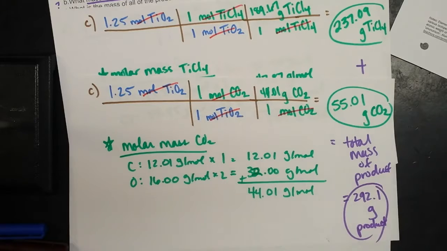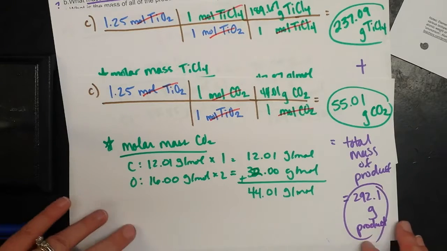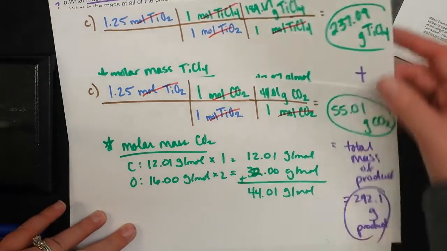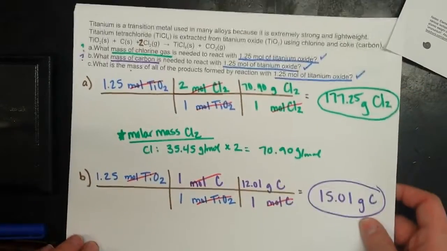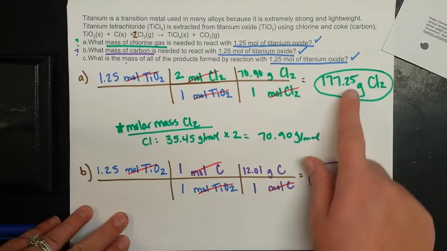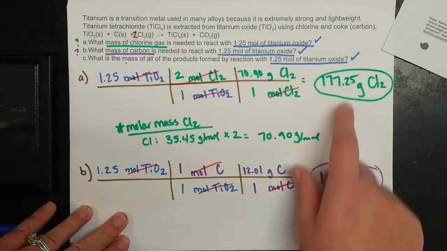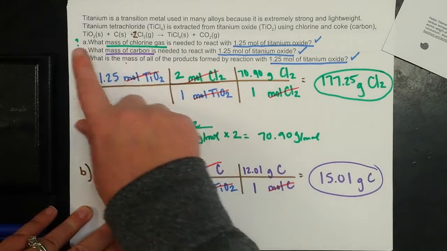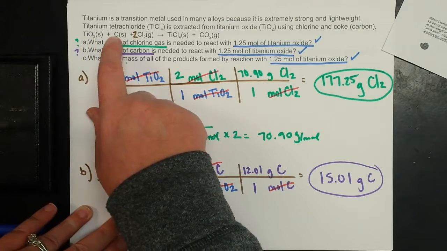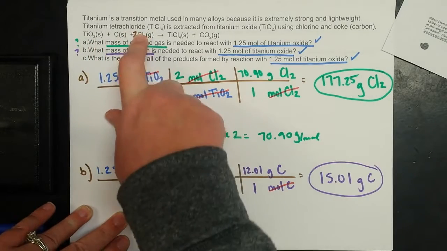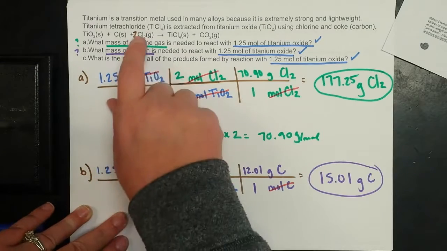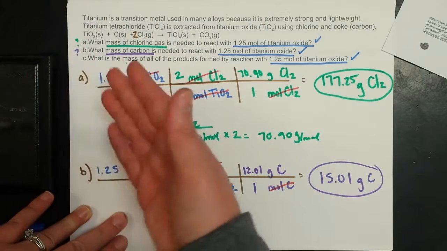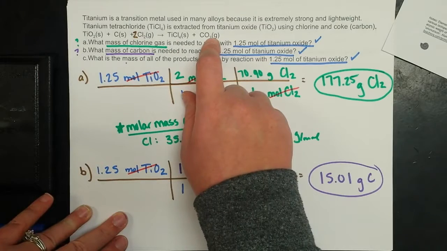We could actually do another thing. Let me bring you back to the beginning, where in parts A and B, we were asked to find the mass of the two reactants that react with titanium oxide. So we found the mass of this reactant, the mass of that reactant. Well, according to the law of conservation of mass, the total mass of my reactants must equal the total mass of my products.